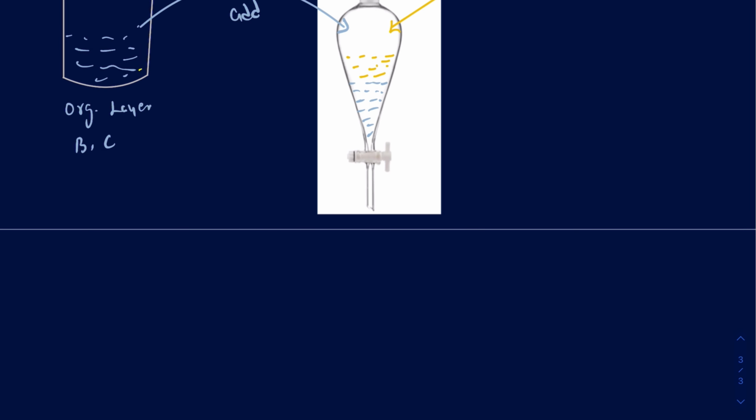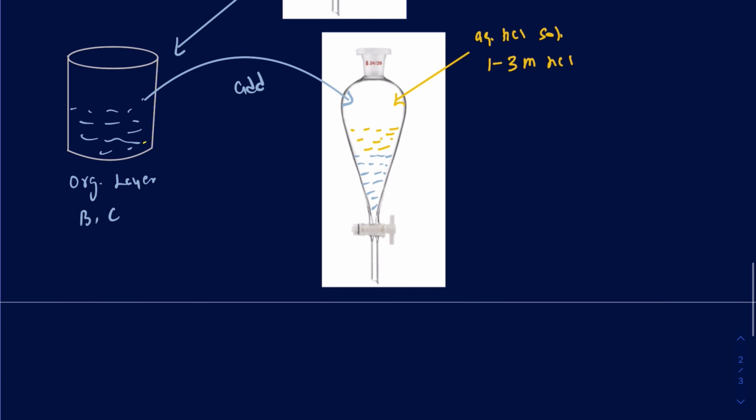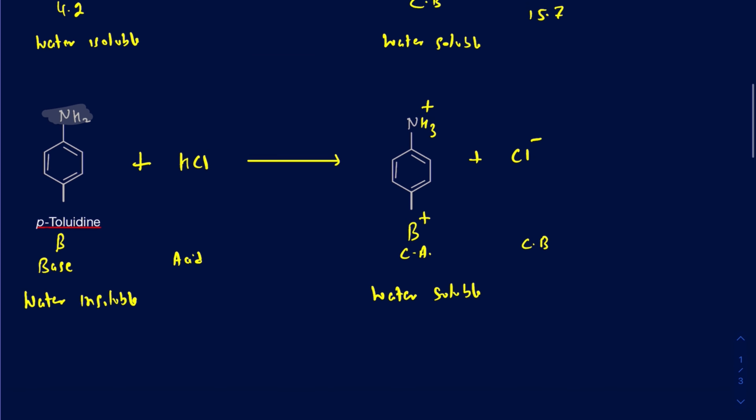And once this has been settled down, what's going to happen? Now, this HCl, since it's an acid, is going to react with toluidine. So it's going to be now reacting with this toluidine and making this salt right here. Now that salt would be water soluble. It would not be soluble in the dichloromethane.